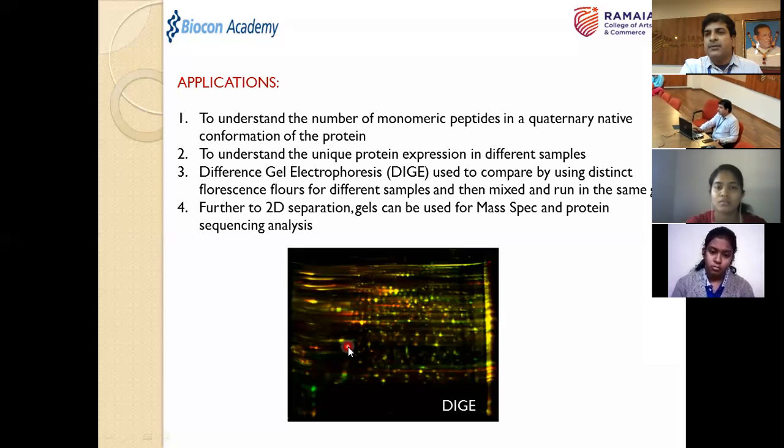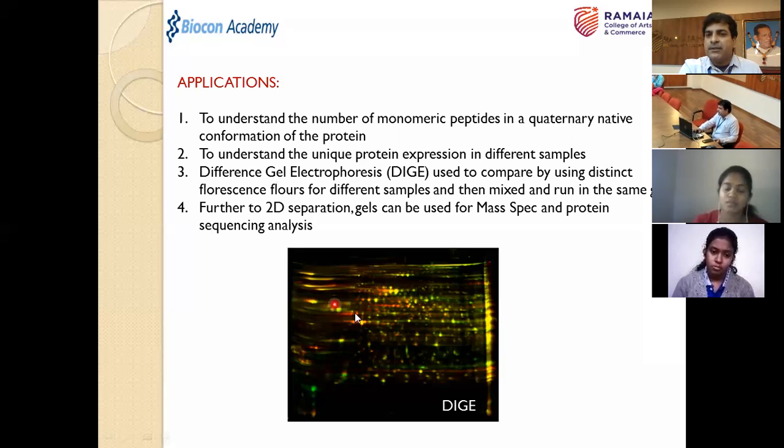Understood the logic? So you have control and sample, and you are using two different fluorescent colors. For the control, you use yellow, for example, and for the sample, green. When you mix the samples and separate them in two dimensions, the respective colors appear for sample and control.